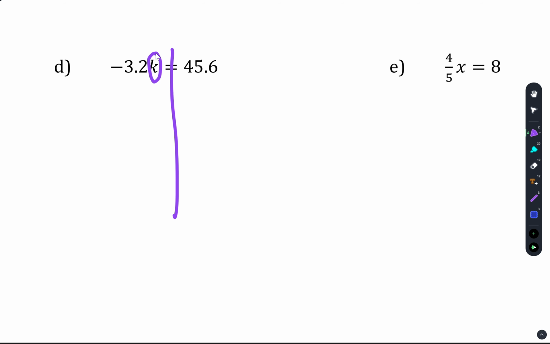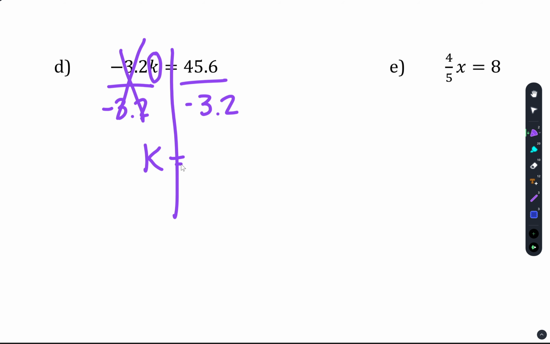What is that -3.2 doing to k? What is the -3.2 doing to the k, Jacob? It's multiplying, so how do I undo that? I'm going to divide both sides by -3.2. So remember that cancels out on the left side. I got k equals, what does that equal?